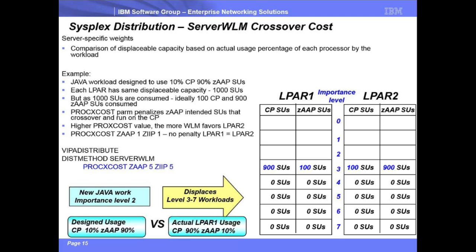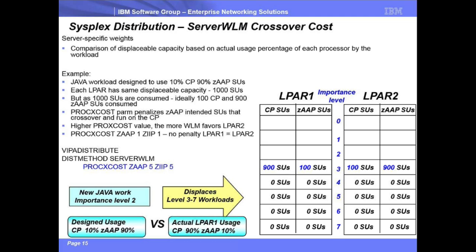A crossover cost or proc X cost parameter can be configured, and that would penalize LPARs that don't have enough service units to allow the application to run entirely on the zAAP processor. It'll penalize them for having to run on the central processing unit. So with a higher processor crossover cost value, WLM would prefer LPAR2.